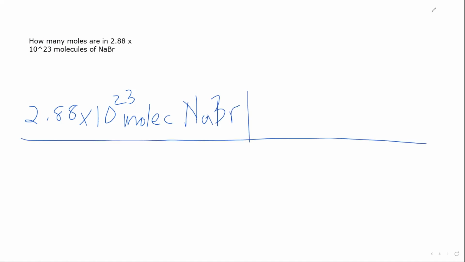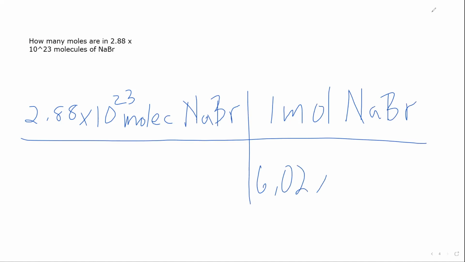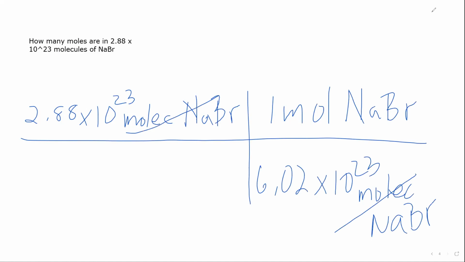And we know that for every 1 mole of NaBr, we have 6.02 times 10 to the 23rd molecules of NaBr. And you notice again, we can cancel molecules and moles is what we want.